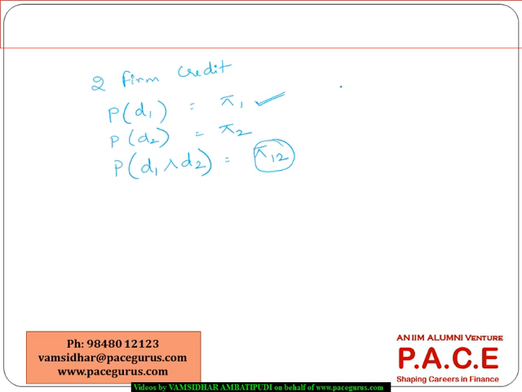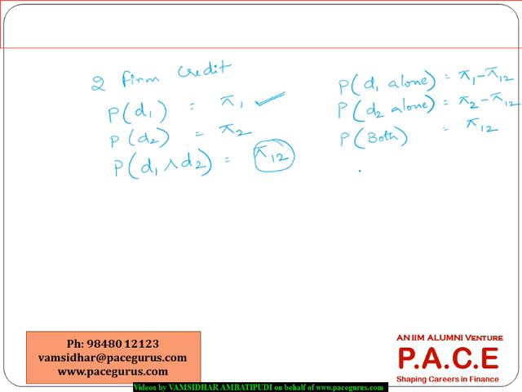Means if I want to know the probability of D1 alone, the firm 1 alone defaulting, I can write it as pi 1 minus pi 12. Similarly, the probability of D2 alone defaulting, the second firm alone defaulting, is pi 2 minus pi 12, and both firm 1 and firm 2 defaulting, as we have seen, is pi 12.